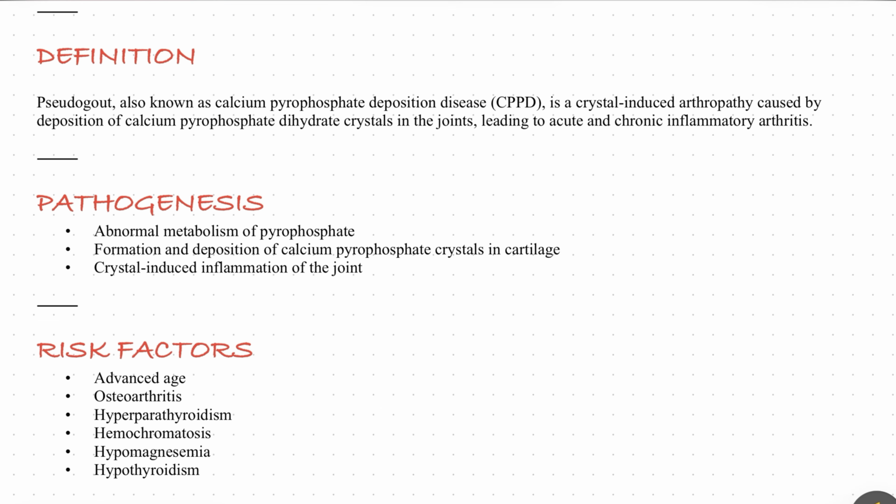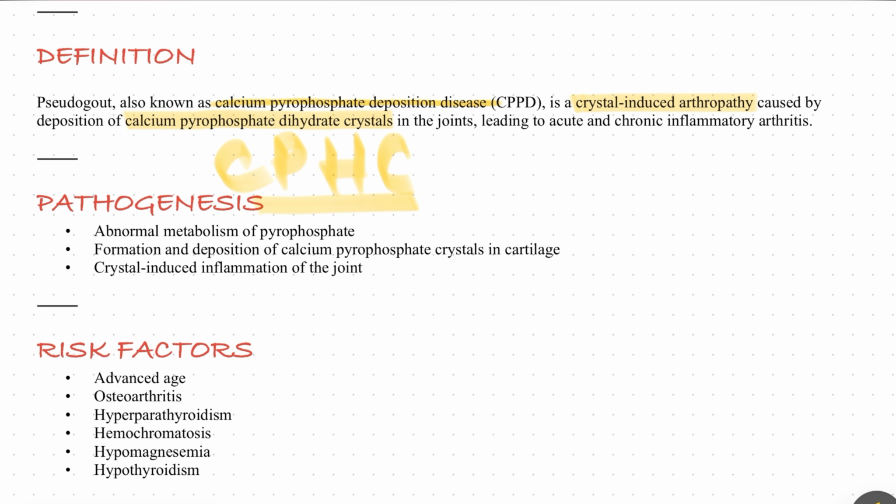Okay, so the definition goes like this. It is also called calcium pyrophosphate deposition disease. Why is it called like that? Because it is one of the crystal-induced arthropathies caused by deposition of calcium pyrophosphate dihydrate crystals. Yeah, it is big. You can remember CPPD. In the exam you need to write it in full, at least calcium pyrophosphate crystals.